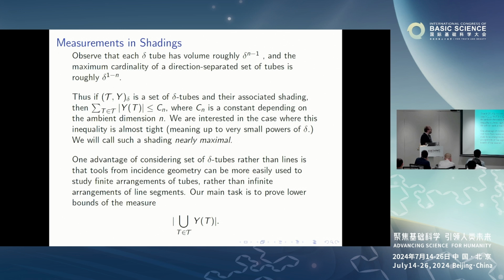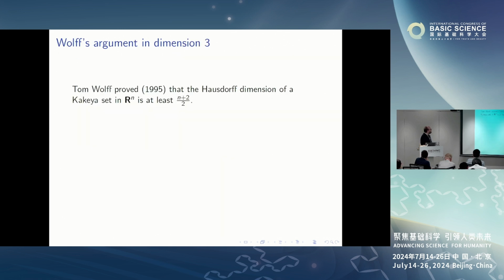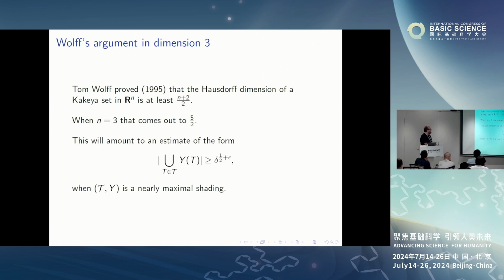Okay, good. Tom Wolff proved that the Hausdorff dimension of a Kakeya set in R^n is at least (n plus 2) over 2, and when n is equal to 3, that comes out to 5/2. And this will amount to an estimate of this form.